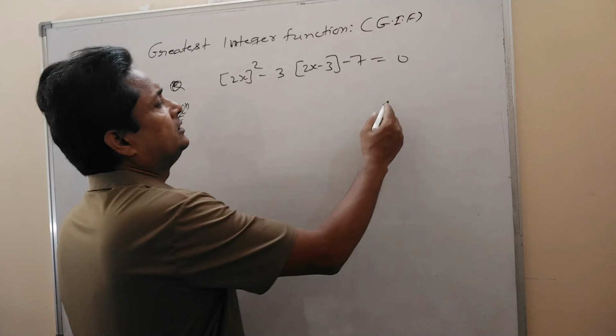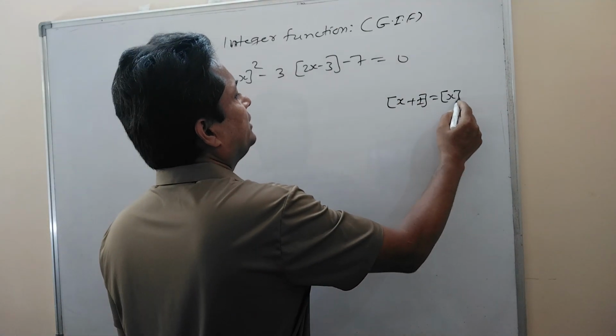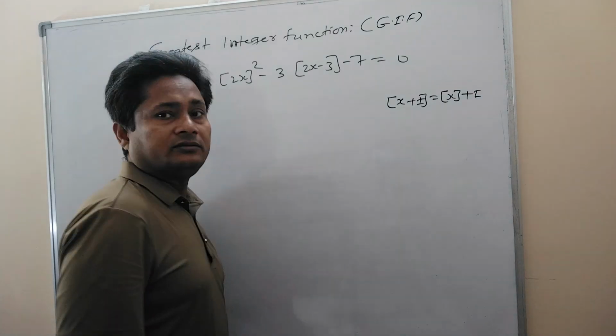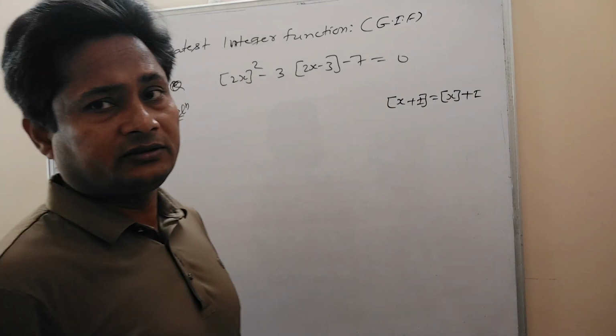We know this property of the greatest integer: greatest integer of x plus I is equal to greatest integer of x plus I. You can write it like this.